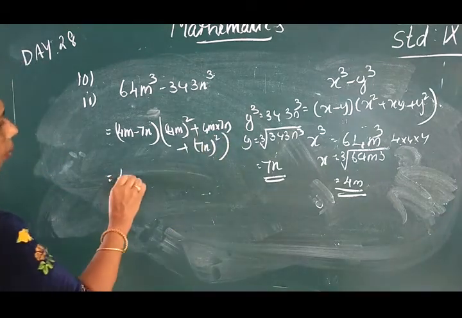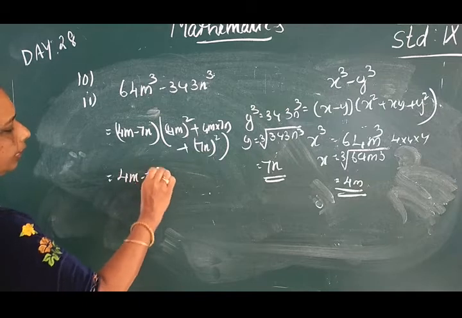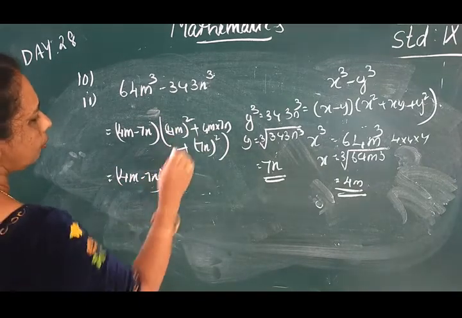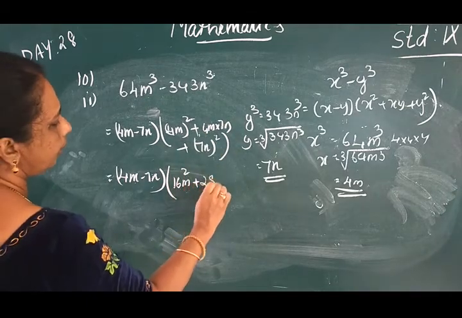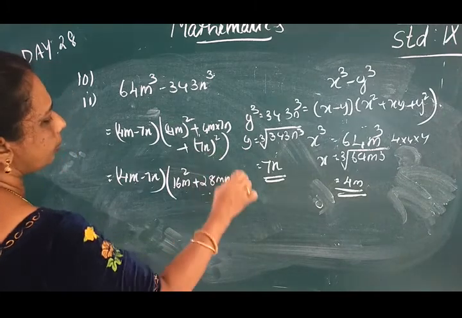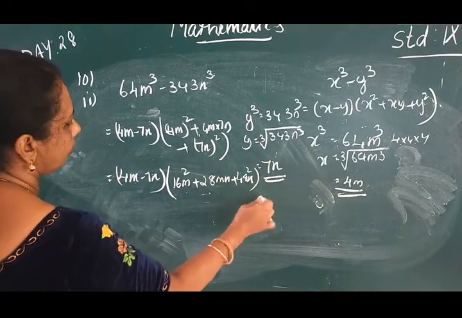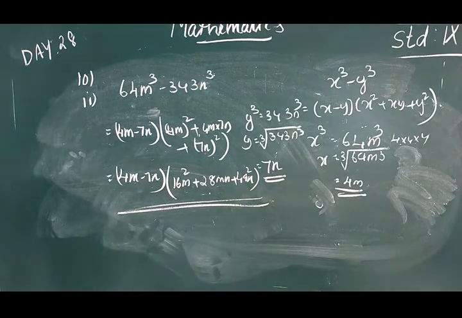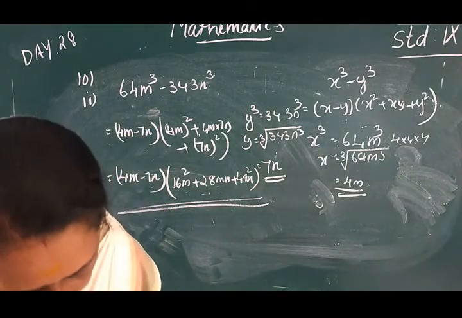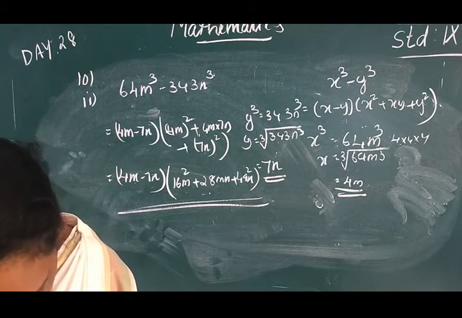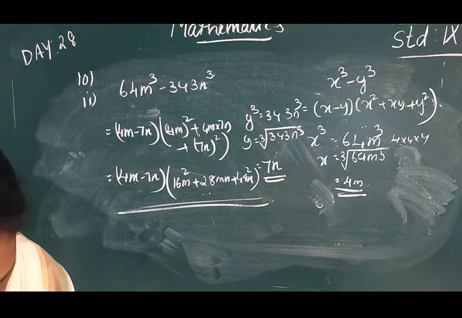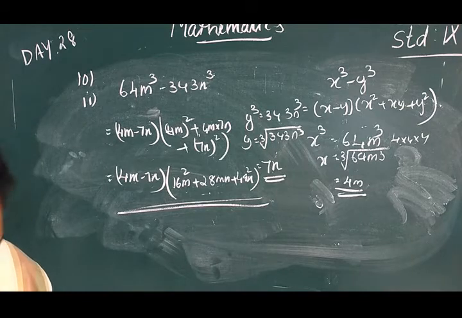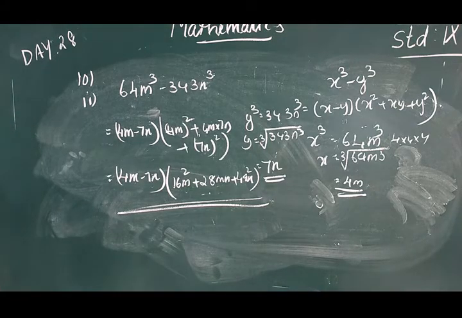That's equal to 4m minus 7n into 4 square 16m square plus 7 fours are 28mn plus 7 square 49n square. These are the expanded form of the given expression: 64 m cube minus 343 n cube equals 4m minus 7n into 16m square plus 28mn plus 49n square.